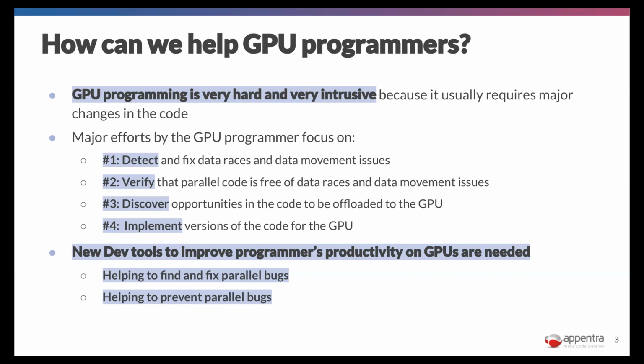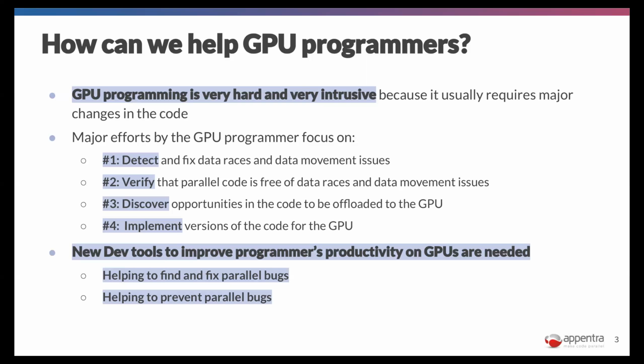These are different types of development that the programmer needs to do. Number three, discovering opportunities. You have a piece of code with loops already parallelized, and you want to convert new loops into parallel code and offload them to the GPU. So it's again a third effort for the GPU programmer.